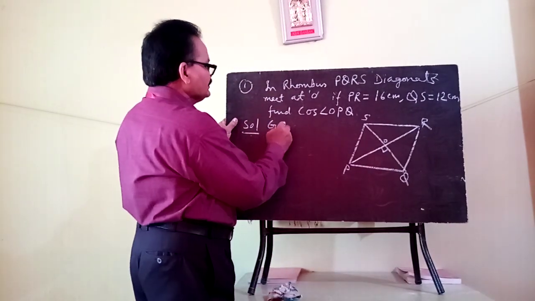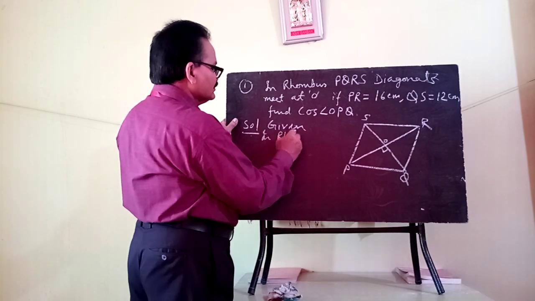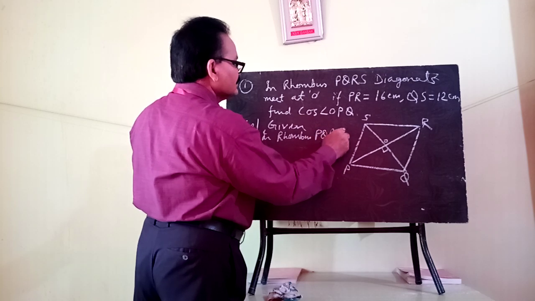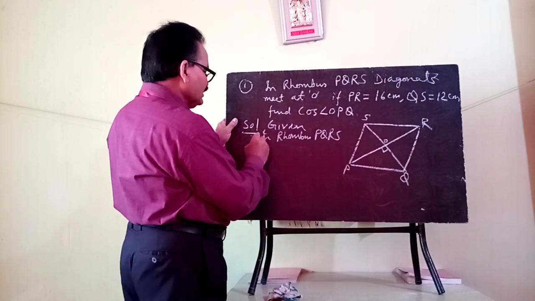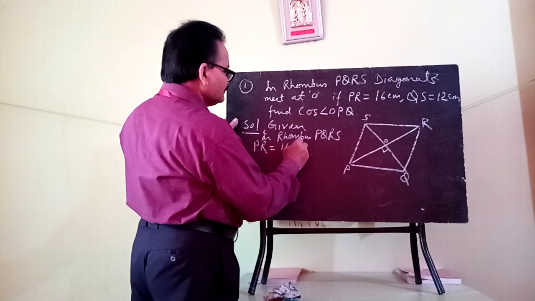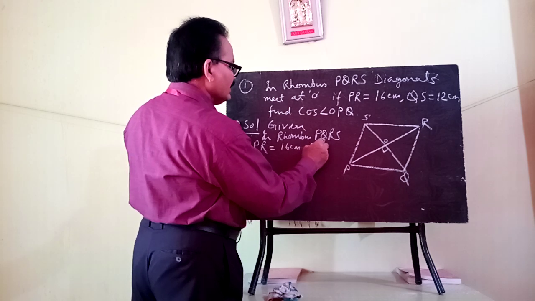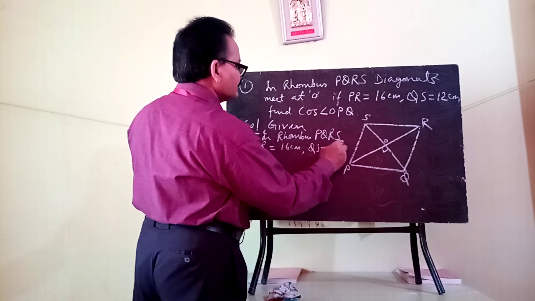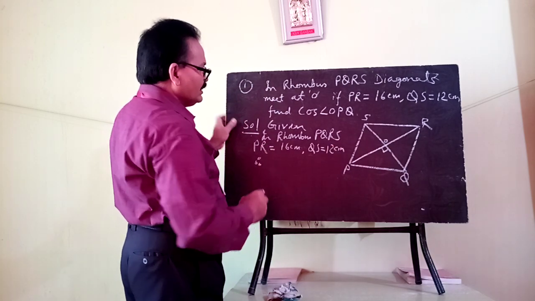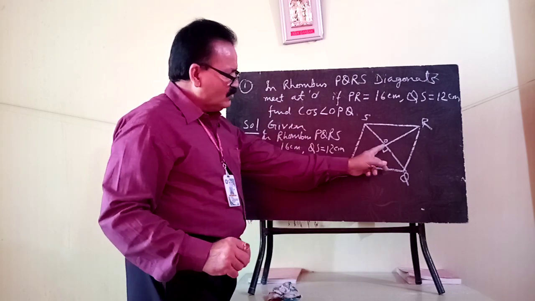So the given part is: in rhombus PQRS, PR equals 16 centimeter and QS is 12 centimeter, and you have to find the value of cos of OPQ.